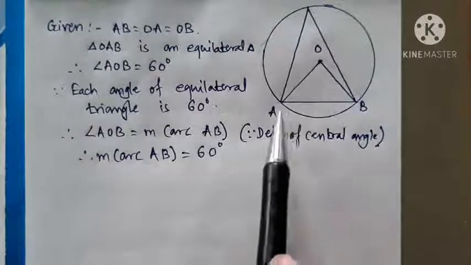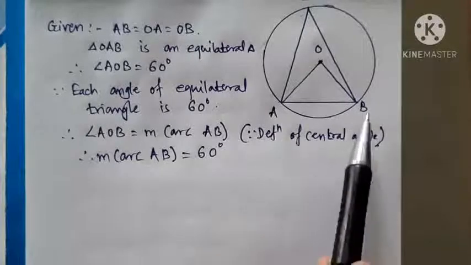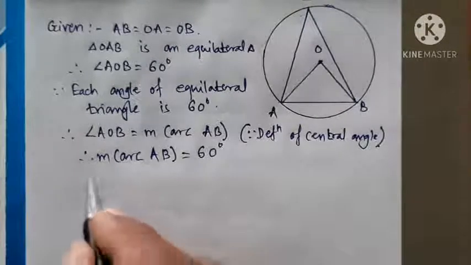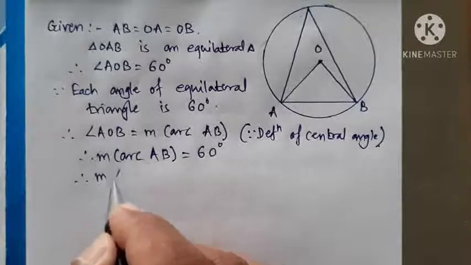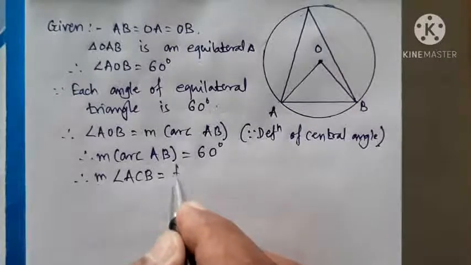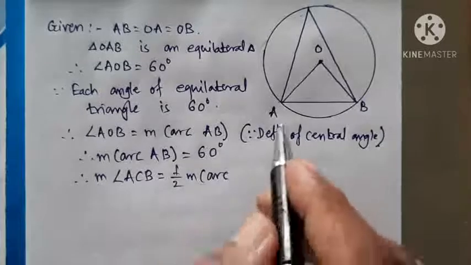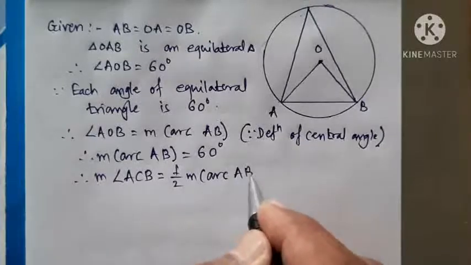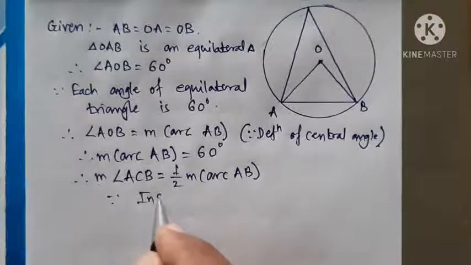Now, next find the measure of angle ACB. Now, angle ACB is the inscribed angle intercepting the arc AB. Therefore, measure of angle ACB is equal to half of measure of arc AB because of the inscribed angle theorem.